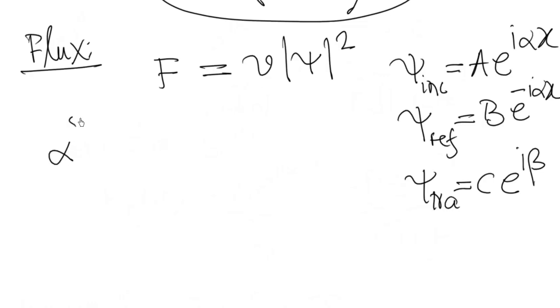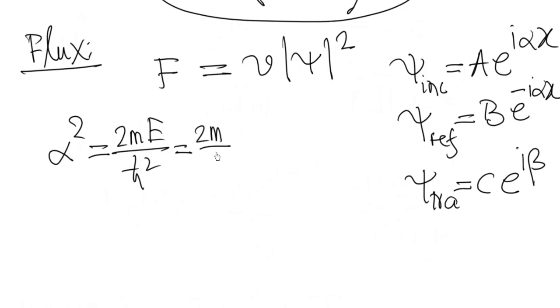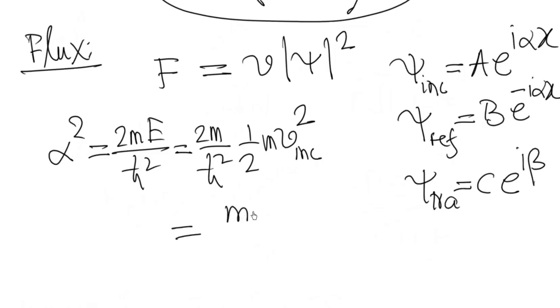We know that alpha squared equals 2mE by h-cut squared, and this was in region 1. In region 1 there is no potential energy, it is entirely kinetic energy, so we can write E equal to half m v incident squared.